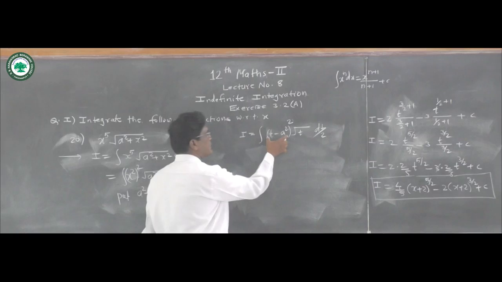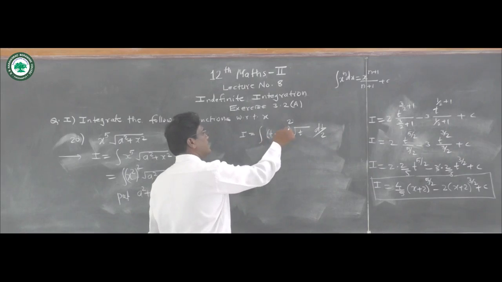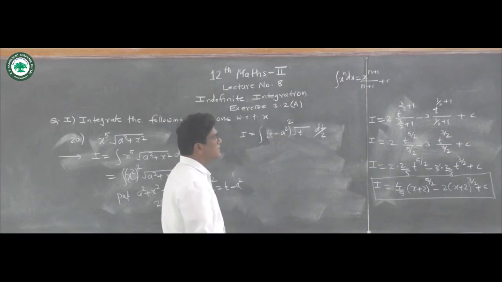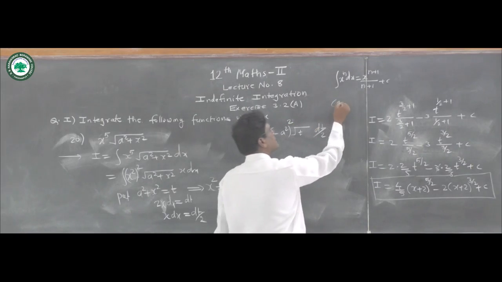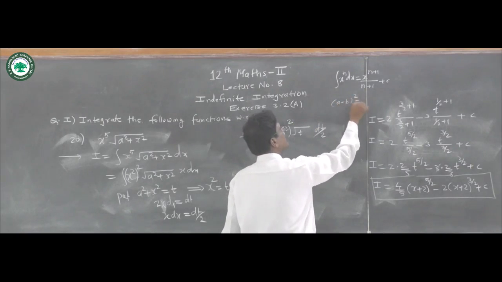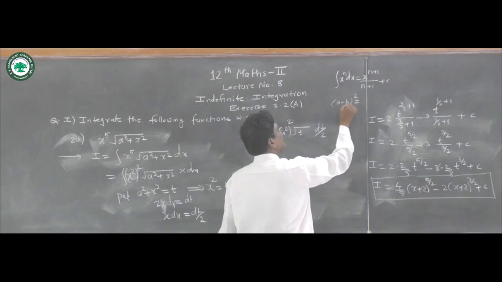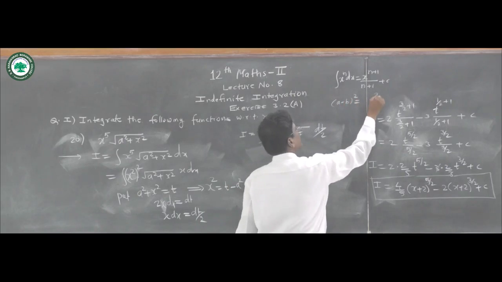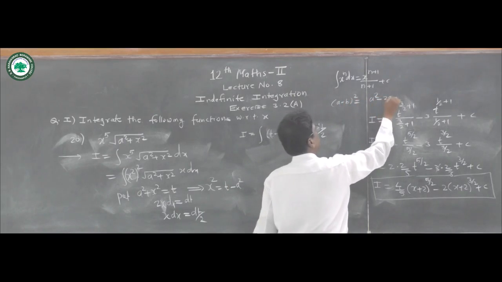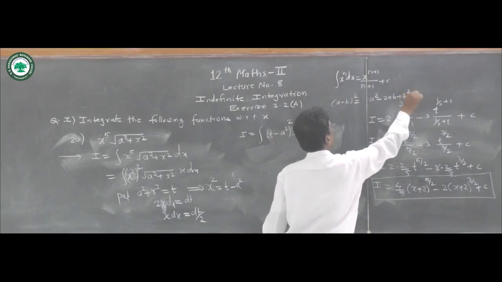So we have to expand this t minus a square bracket square using the a minus b bracket square formula. What is the formula? A minus b bracket square is a square minus twice ab plus b square.